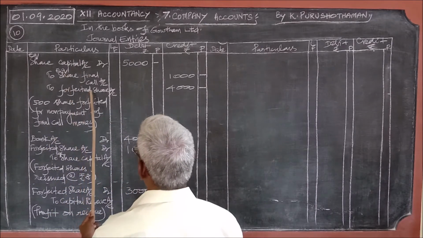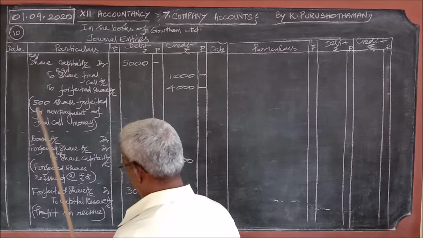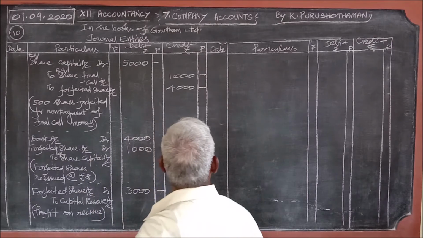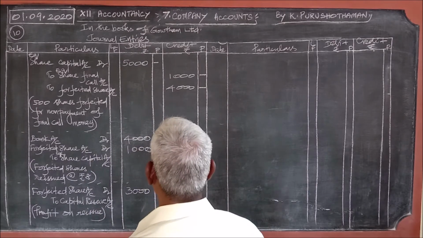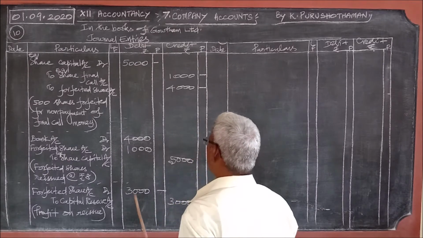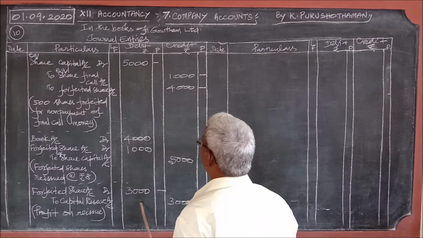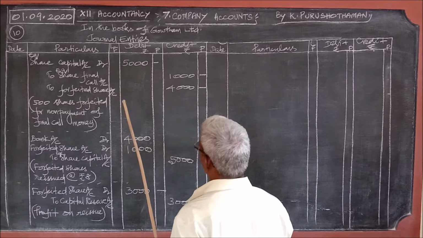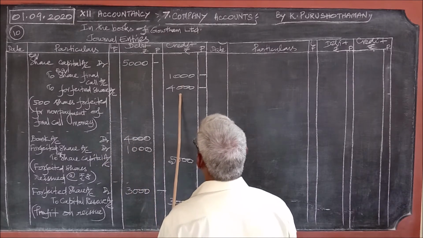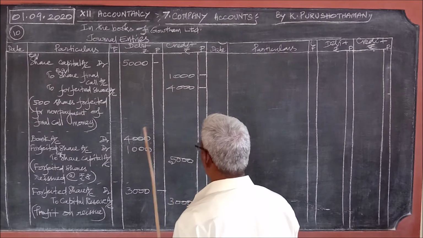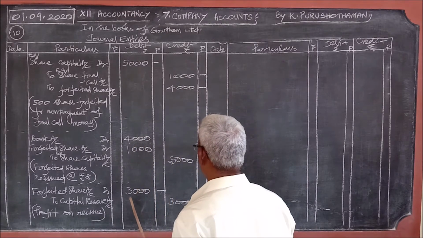So one journal entry for forfeiture and two journal entries for reissue. And one more thing I should tell you: how this profit is calculated here. As a shortcut I said 4,000 minus 1,000, 3,000 you can write.